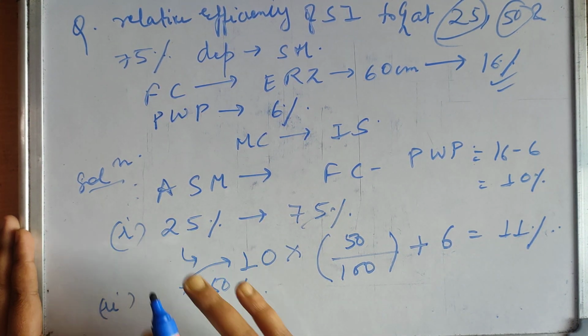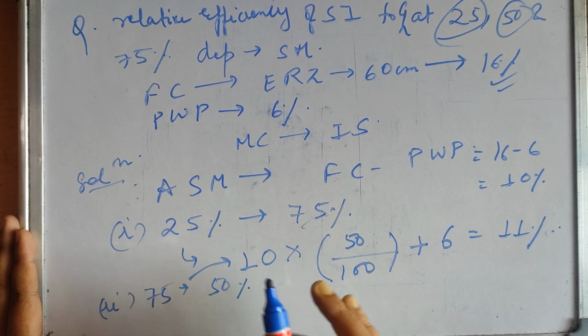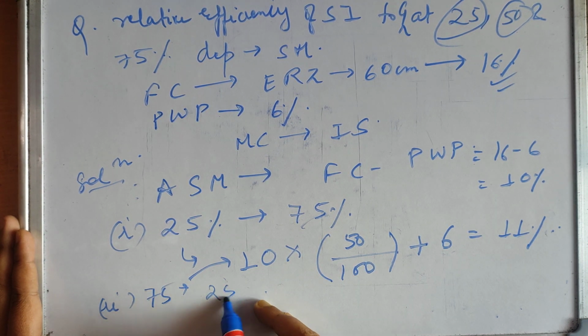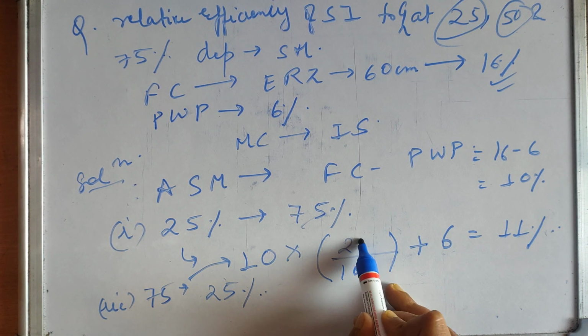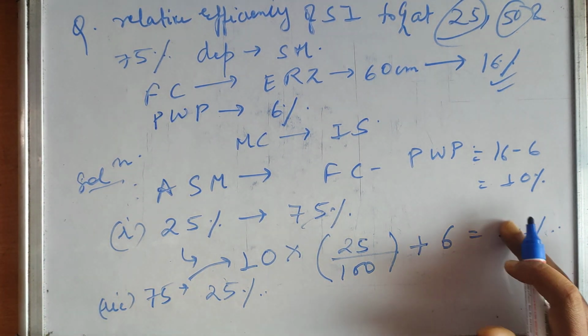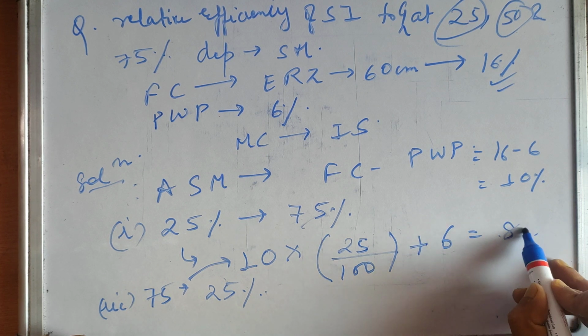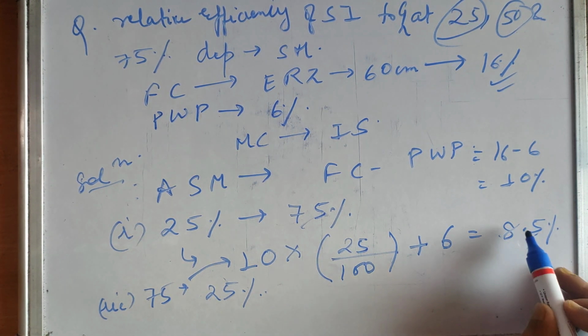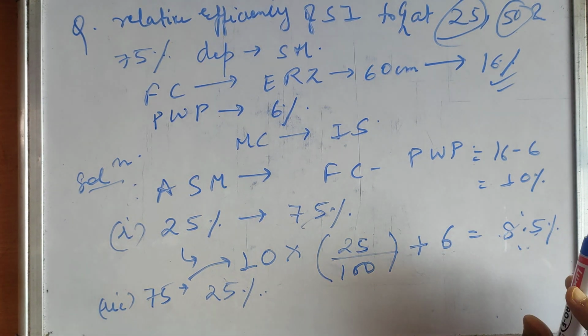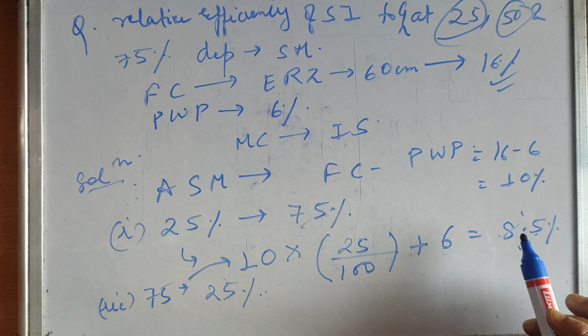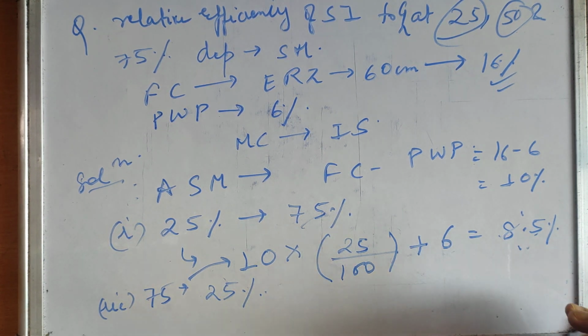Now for 75% depletion, the availability will be 25%. This is the third one, so it becomes 10 into 25 by 100 plus 6, and the answer will be 8.5%. So when the moisture falls to 13.5%, 11% and 8.5%, irrigation will be scheduled.